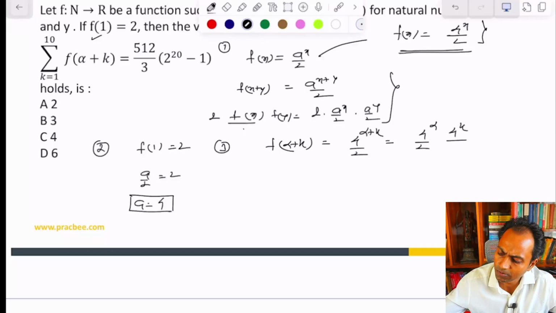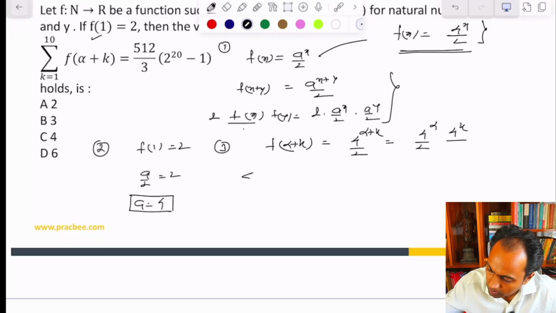Now why are we doing this? Because if I apply the summation sign, summation of k is equal to 1 to 10, I can take this 4 raised to the power alpha by 2 outside, and 4 raised to the power k remains inside.